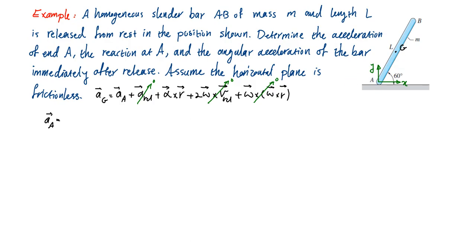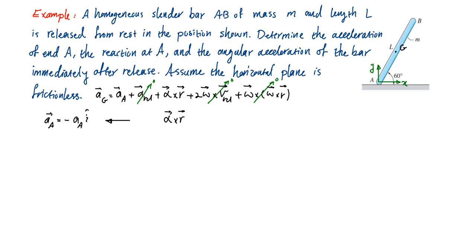We don't know its magnitude. So I will just put AA as minus AA I, in I direction, or negative I direction. I can also draw the vector just for the sake of completeness. This is the vector. Now, the second term is alpha cross R.